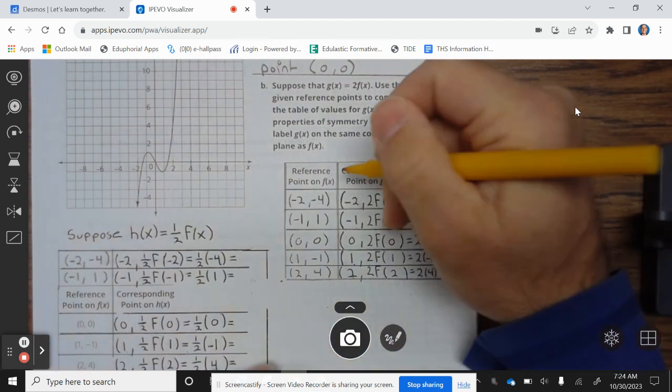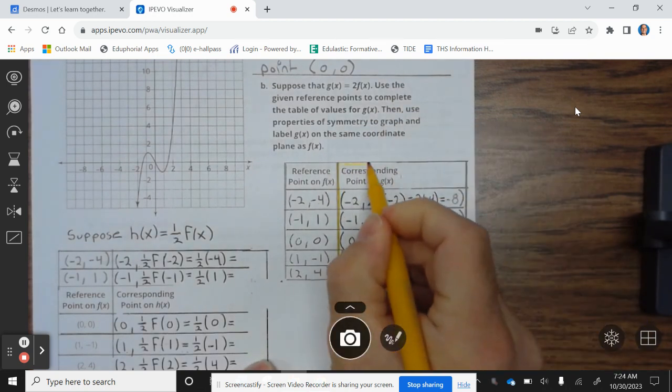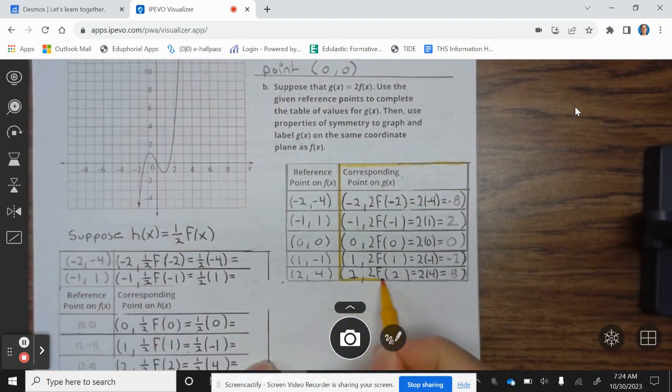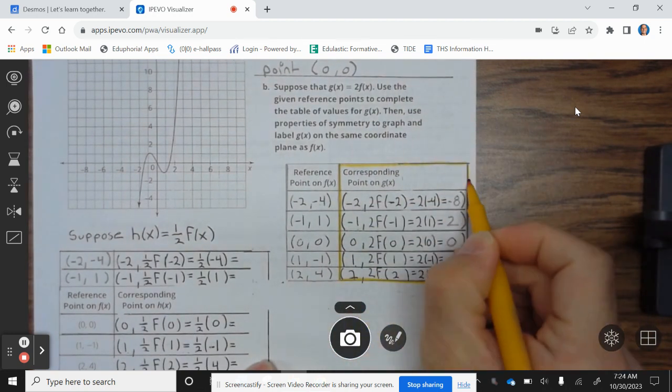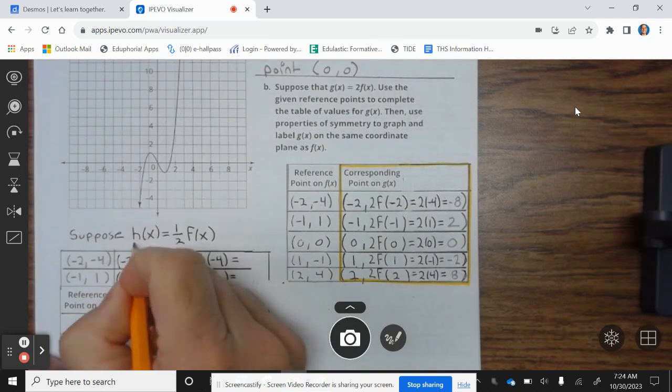And let's go ahead and graph these corresponding points in yellow. So -2, -8 is probably about here.